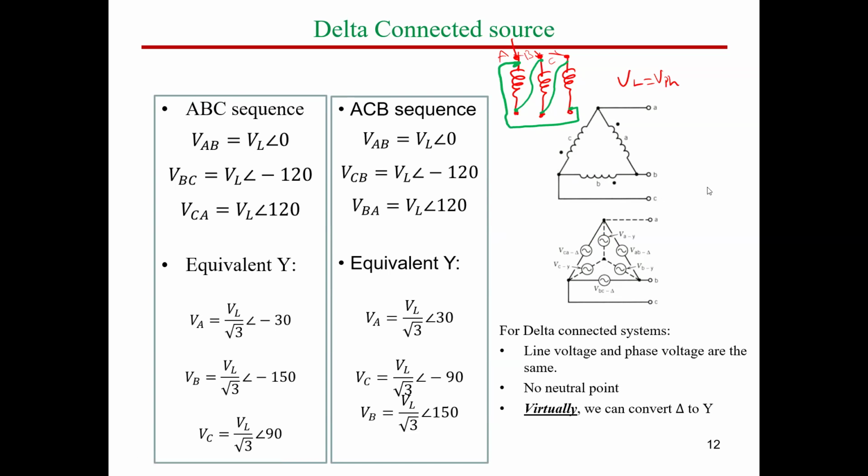Now we can convert, guys, from delta to Y. Converting from delta to Y, sometimes we need it in order to make calculations per phase. We are not going to analyze circuits like you had in the electrical circuits course, but we will just convert line to phase in order to make a single line diagram for our machines or transformer or whatever machine we are working with.